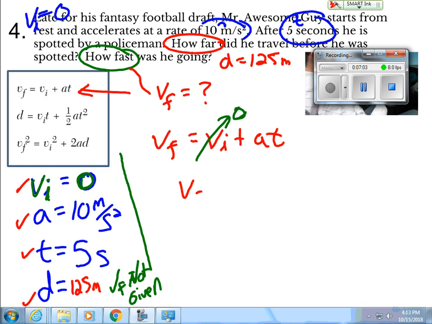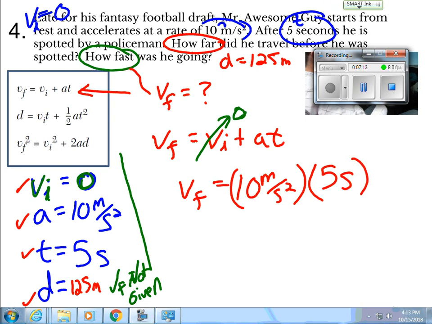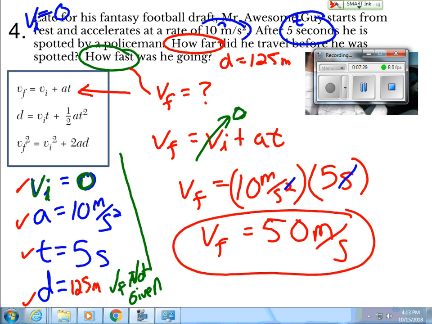So my V final is equal to my acceleration, 10 meters per second squared, times my time, 5 seconds. Let's check out the units. 1 second cancels out over here, 1 cancels out over here. My V final is 50 meters per second. That was the end.